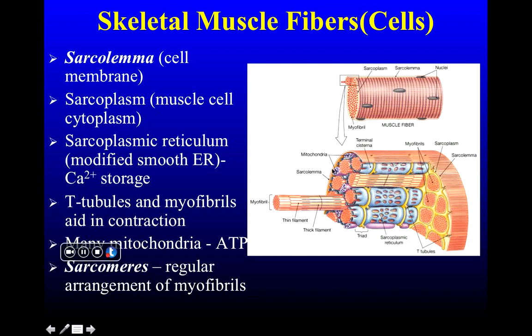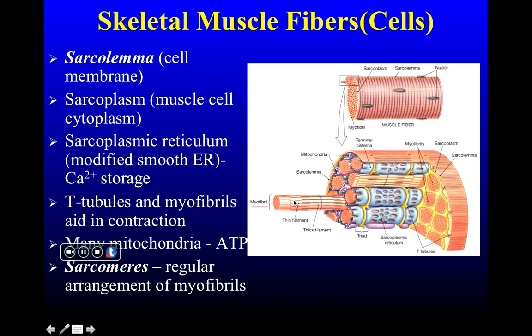We see that there is a phospholipid bilayer that surrounds the cell, called the sarcolemma. Inside is cytoplasm and tightly packed myofibrils. That's these right here. Myofibrils are the protein filaments where contraction occurs.